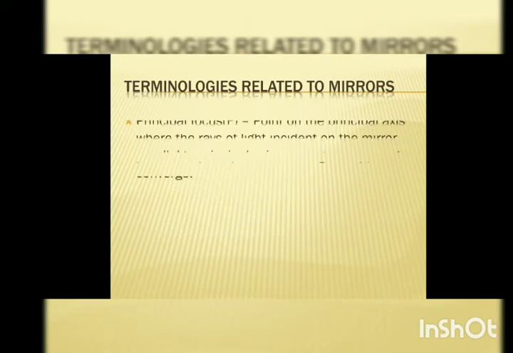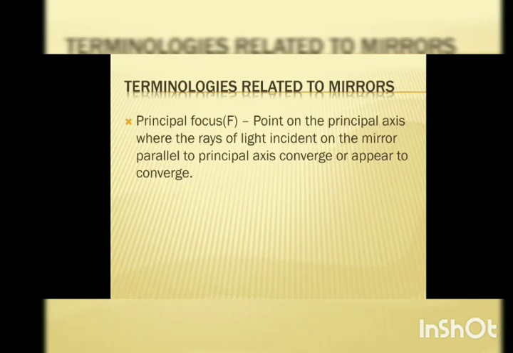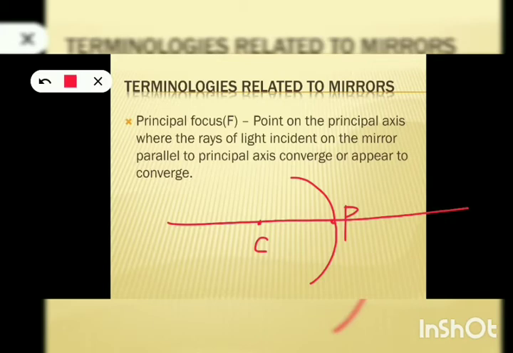The next terminology is principal focus. What do you mean by principal focus? It is a point on the principal axis where the rays of light incident on the mirror parallel to the principal axis converge or appear to converge. Consider a concave mirror like this. I have marked the pole and center of curvature, and also the principal axis.